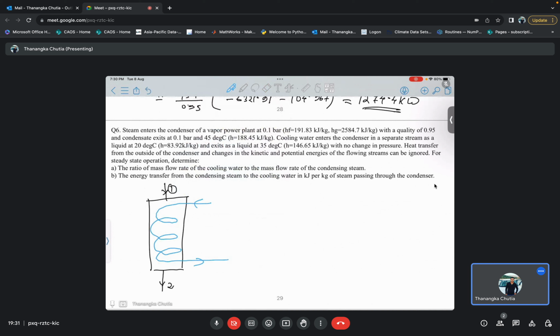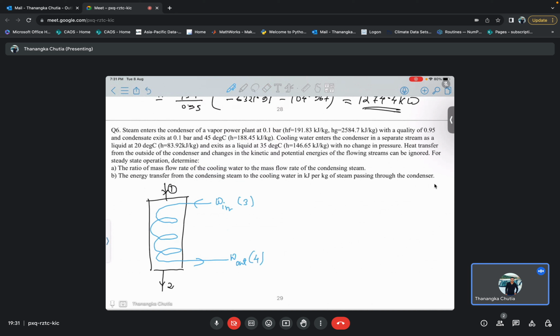So this is water in, and water out. Okay, I am naming this state 3 and this state 4.